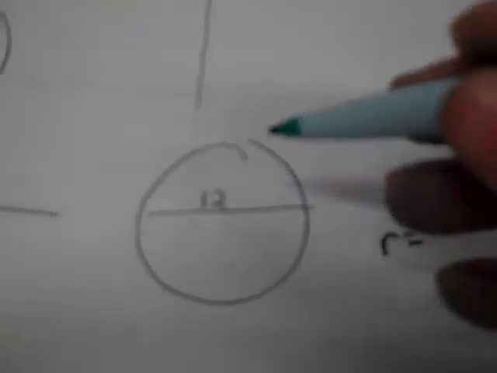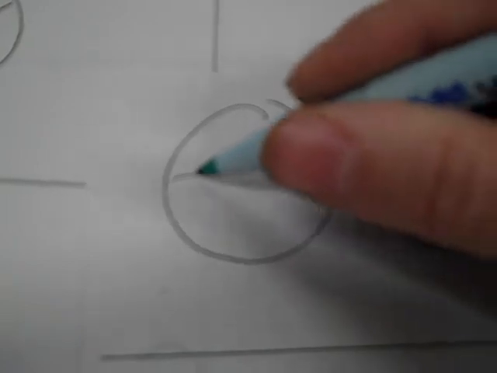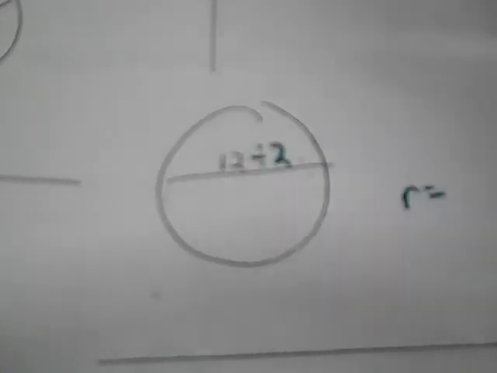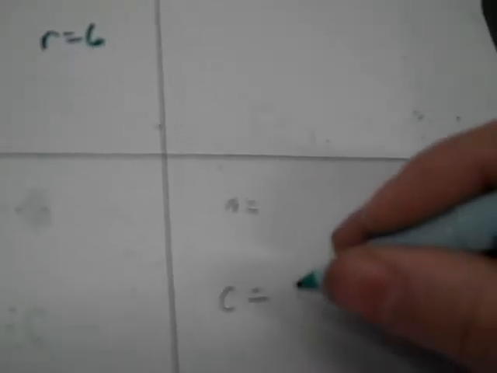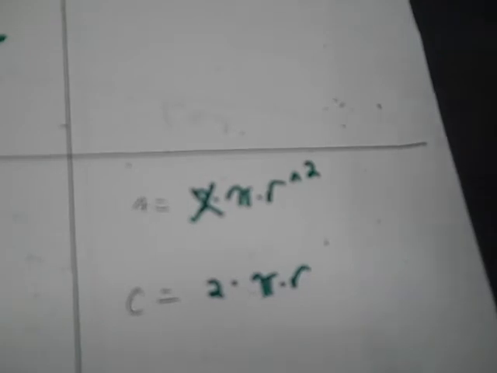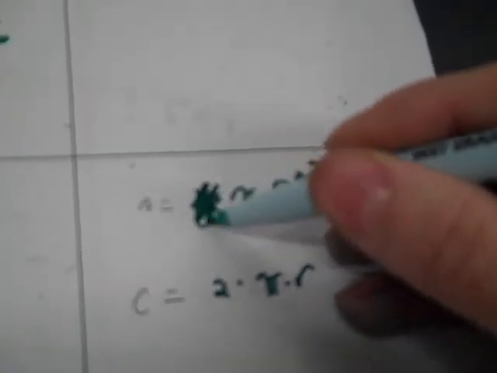Okay, the next one, the radius, that's not your radius showing right there. You need to divide that in half by 2, and your radius is 6. Okay, if it's all the way across, divide it by 2, that's your radius. And the circumference is 2 times pi times r. And the area is 2 times pi times r, but then I cross out the 2 and put that over there as a power. Okay? And scribble that out. Okay, so we know our r is 6.